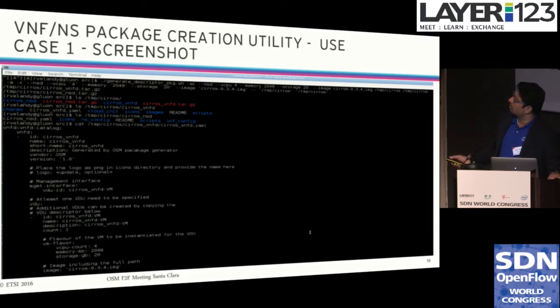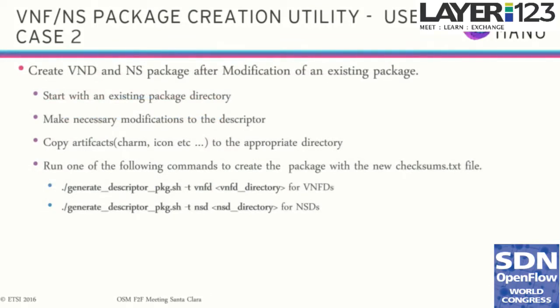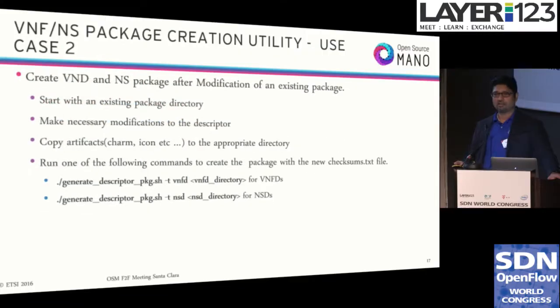Some of the image file name, the image name itself given here, etc. And the idea is that you should be able to edit this particular YAML file and update it with a lot more information if you want to have a proper descriptor creator for a given VNFD.